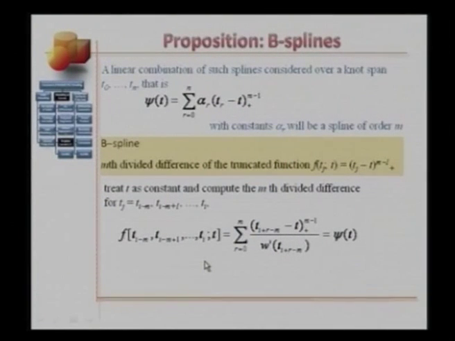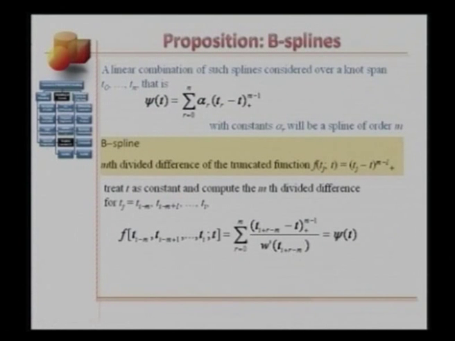Now let's come back to our discussion on B-spline basis functions. So the mth divided difference can be denoted as f[t(i-m), t(i-m+1), up till ti; t] equals summation r going from 0 to m of (t(i+r-m) minus t) truncated raised to m minus 1 over w prime evaluated at t(i+r-m).